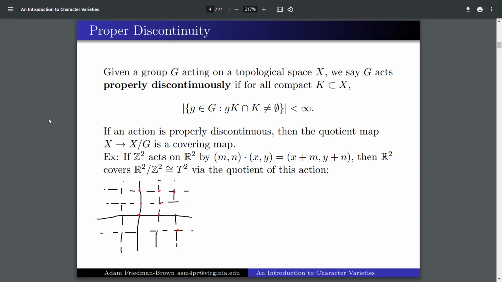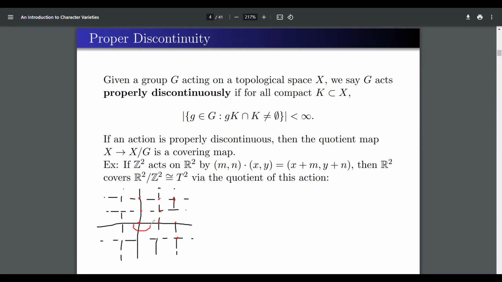And that means that if you have any compact subset of R2, let's say a compact ball, a closed ball, there are only finitely many integer translations you can do that still allow that original ball to intersect itself again. Here, let me see if I can draw something quick. So like that's a ball.